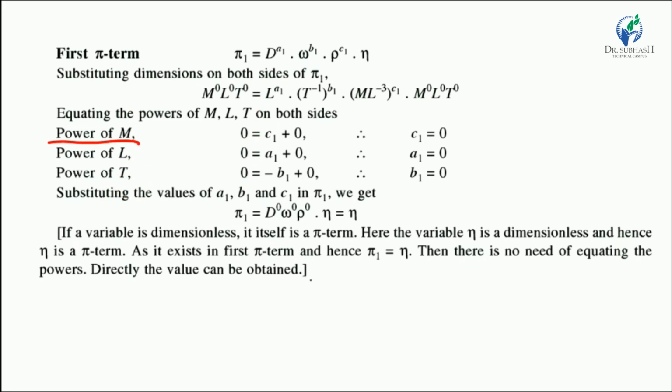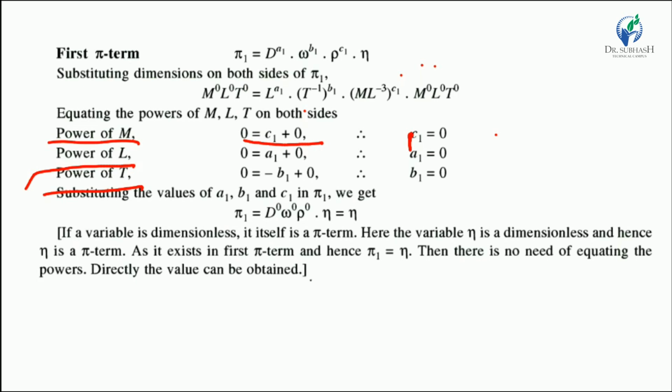Now comparing the power of M: left side is 0, right side M power is C1 plus 0. Now the power of L is compared: left side 0, right side A1 minus 3C1 and 0.